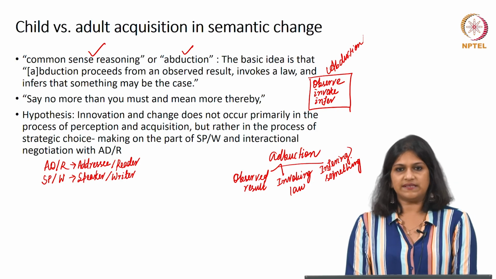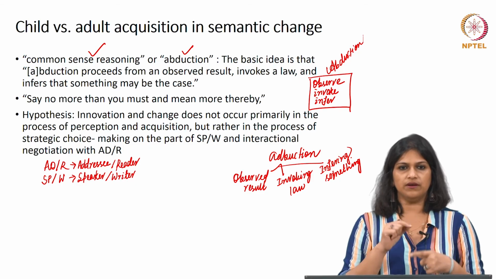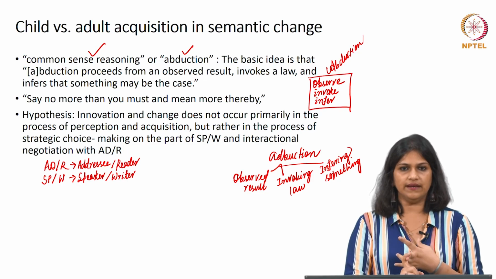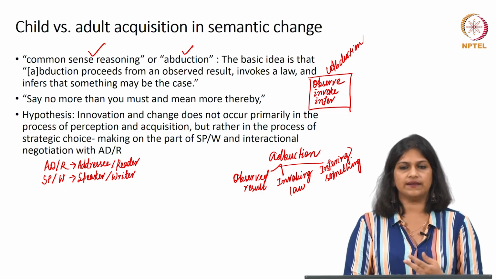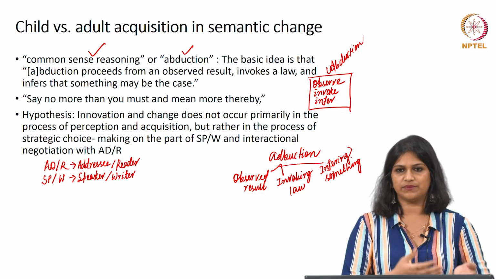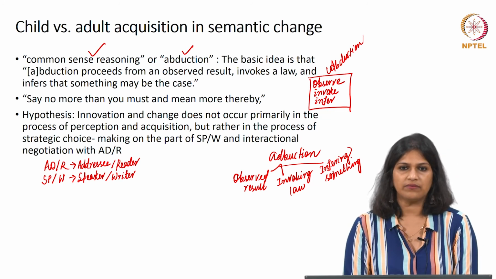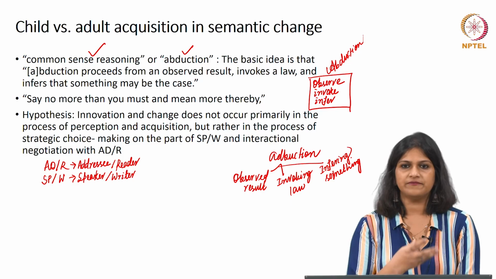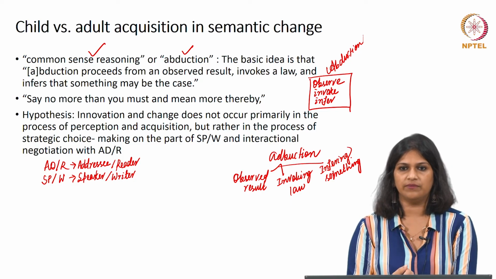So, this is the basic idea. First, this abduction proceeds from the observed result. Second, it invokes a law, and third, it infers that something might have been the case, which is why the language has been like this, right. So, for example, when a language learner observes various kinds of verbal activities, let us say you are trying to learn different vocabulary related to verbs.